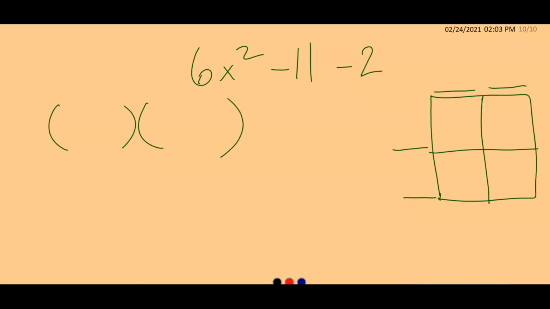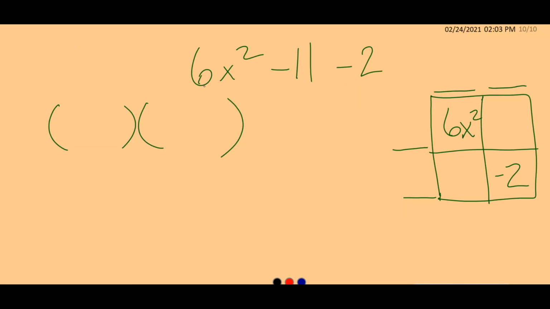All right? So we're going to follow the same procedure that we started with in the other type of problem. In that, we are going to write our A term in this box, our -2 down here in the C box. So now let's figure out where we're going to start.